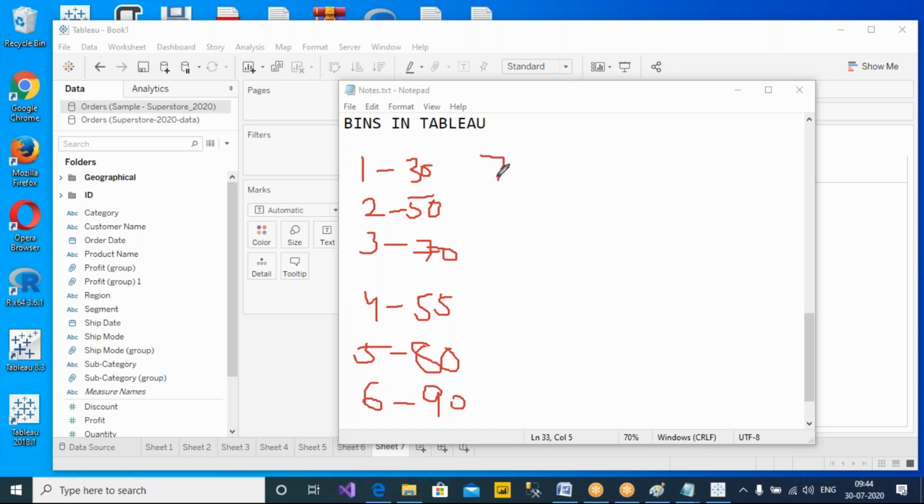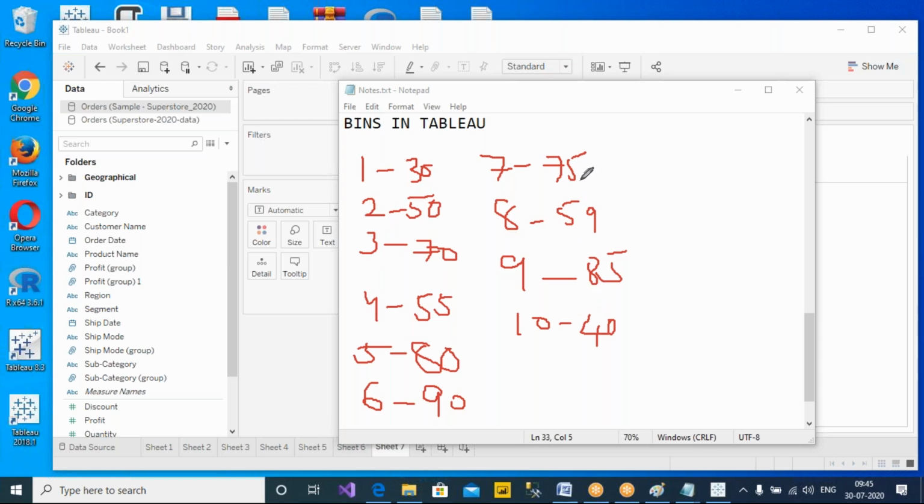Then let's take till 10 values. The seventh one got 75, the eighth one got around 59, the ninth one got around 85, and the 10th person got around 40. Just think that these are different students and their respective marks.